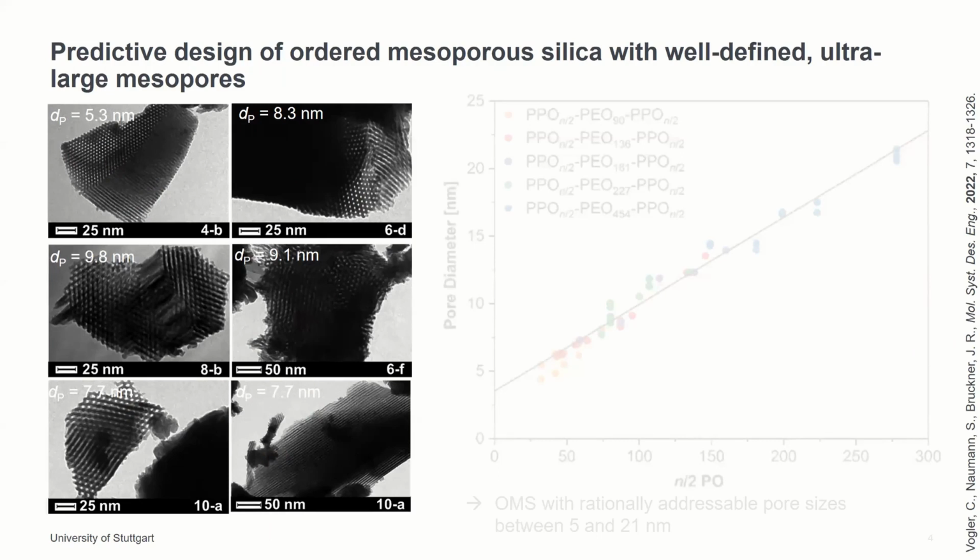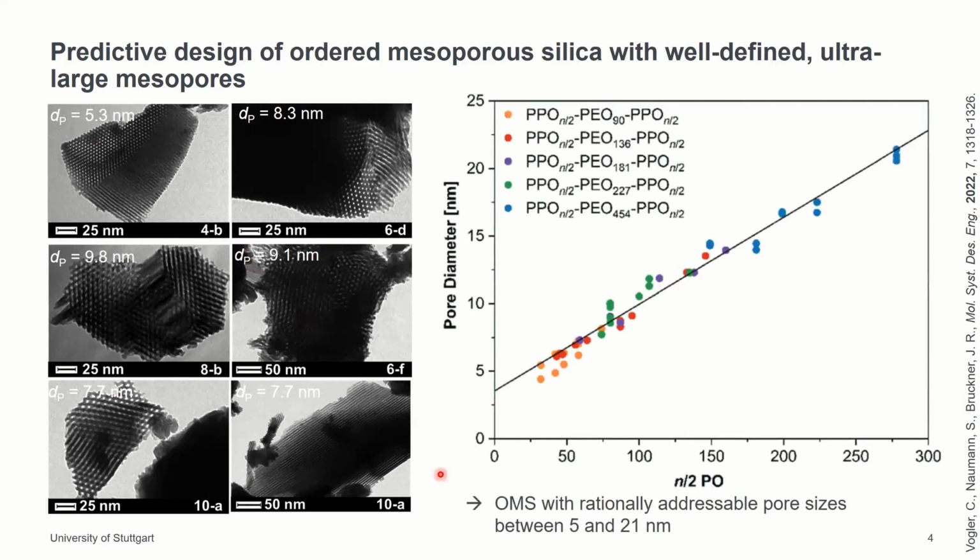Of course, we had to investigate those structures very thoroughly, as we had to investigate the polymers before also. The quintessence of our work is that we can adjust the pore diameter by varying the number of propylene oxide units in this reverse Pluronic.